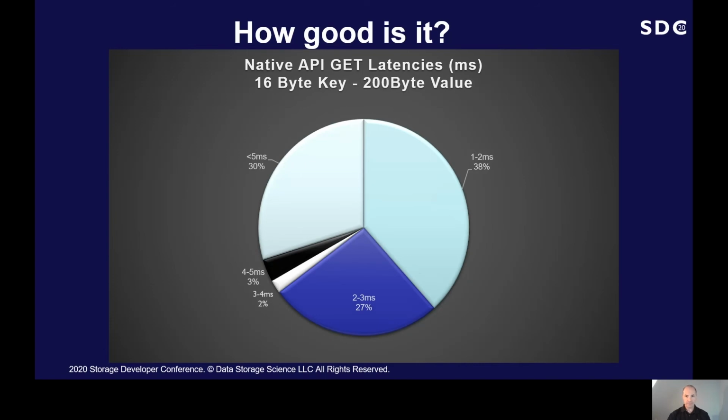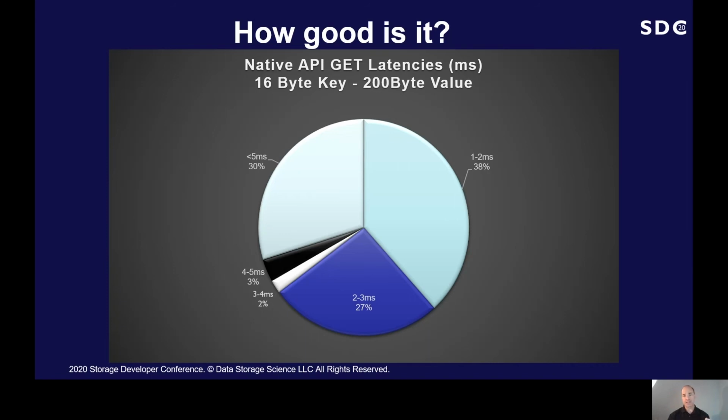So now this is the native API doing reads, or gets, and this is fetching random keys from the key space. It's performing 4 million random gets in the 1 million key value space.